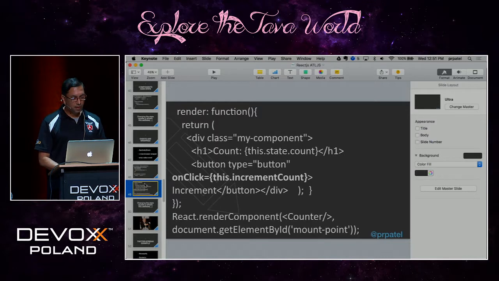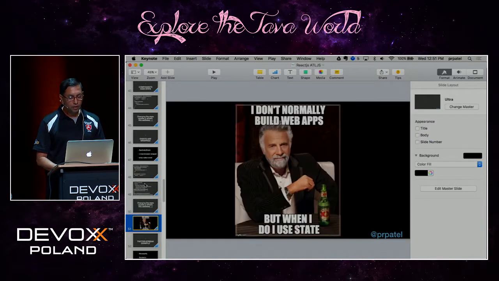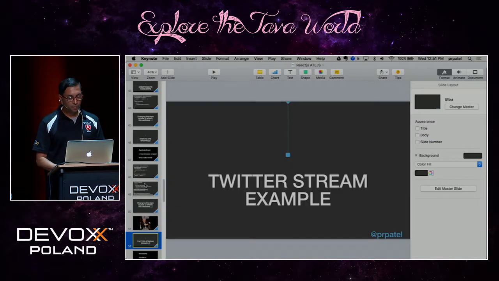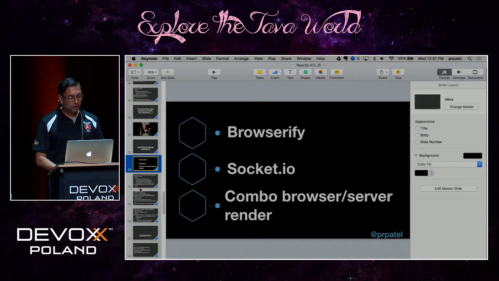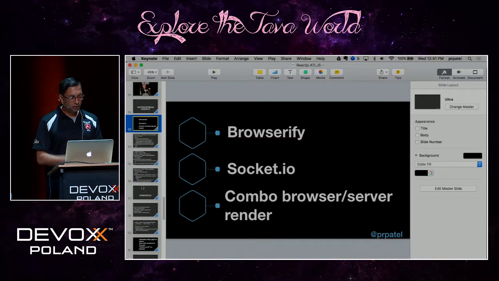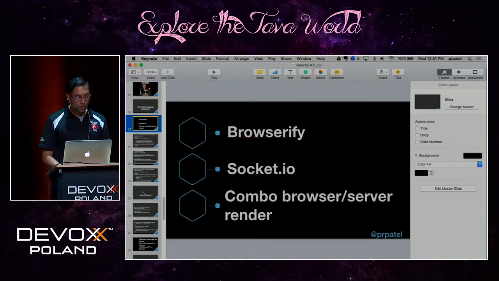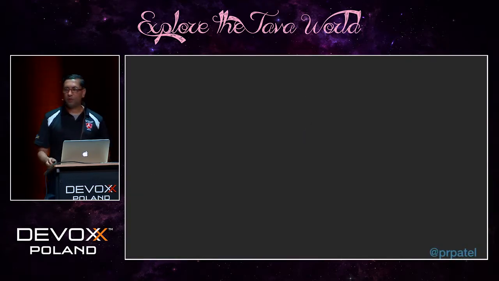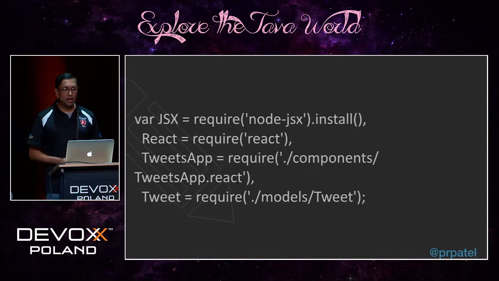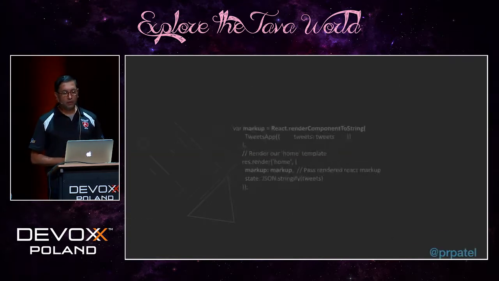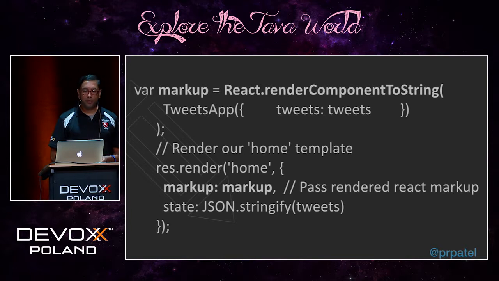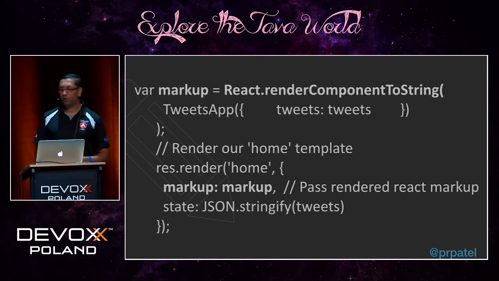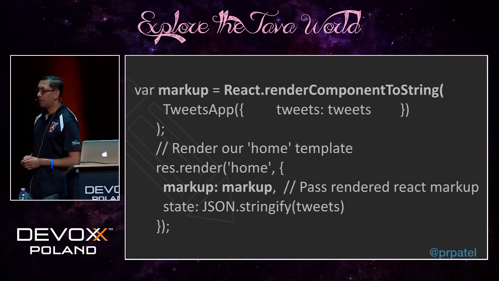All right, so let's get back to our discussion. We're not going to do this example, but let's have a look at a couple of other things. Right, so we discussed earlier about isomorphic rendering. What we can do in our application is say, you know what, let's render this component on the server rather than rendering it in the browser.